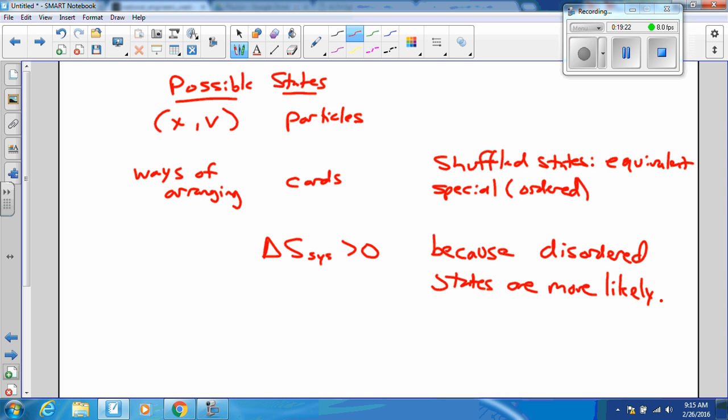So we can do environmental cleanup, but that process is going to require doing work, and the work is going to have to come from some source, and that source is going to increase the entropy in our system. So we can do it, but at the cost, we can clean up, say, trash in the creek, but at the cost of thermal pollution.